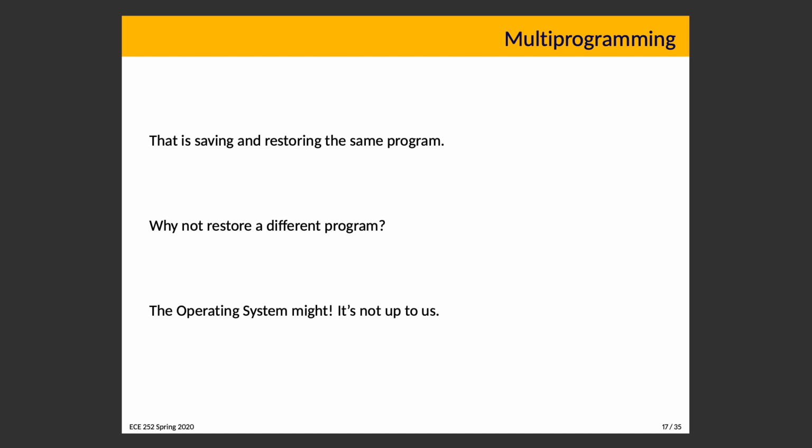This is a matter of scheduling, and it's up to the operating system, and from our view in application programming, it is pretty much out of our control. This is something we're going to talk about quite a lot when we talk about concurrency, which is that the operating system does whatever it wants, and you don't really get to choose that, so you have to write your program such that it is correct no matter what order of execution the operating system chooses for the various programs, recognizing that it can suspend your program at any time, switch to a different one, and then switch back again at any time.